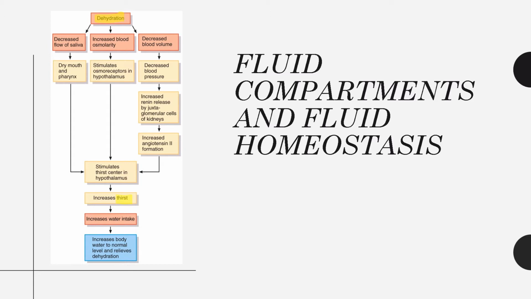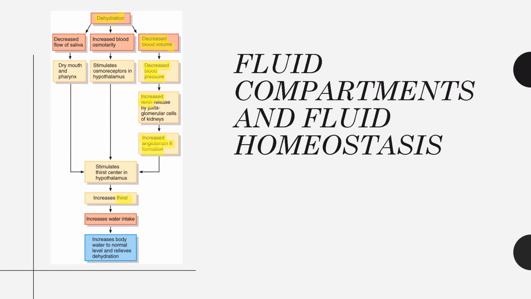So when body mass decreases by 2% due to fluid loss, we're going to get mild dehydration occurring. So a decrease in blood volume is going to cause blood pressure to fall. Now this change stimulates the kidneys to release renin, which is going to promote the formation of angiotensin II.